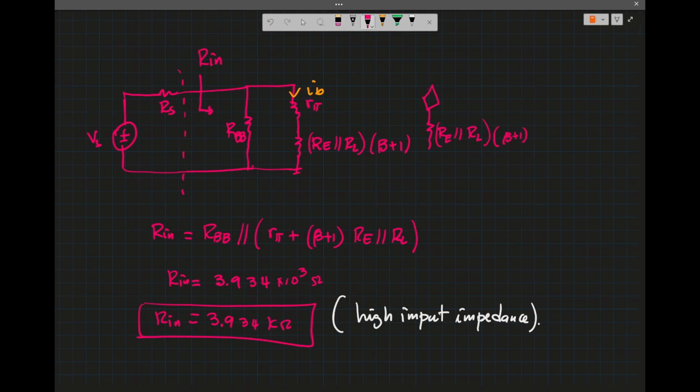So this is grounded, and this is also grounded, and this is gm V pi.